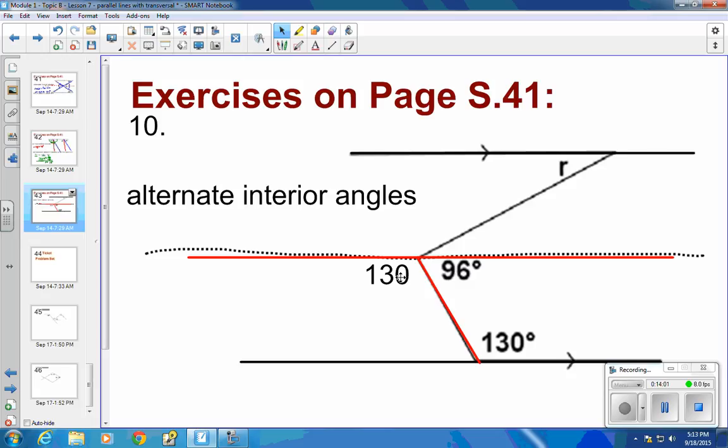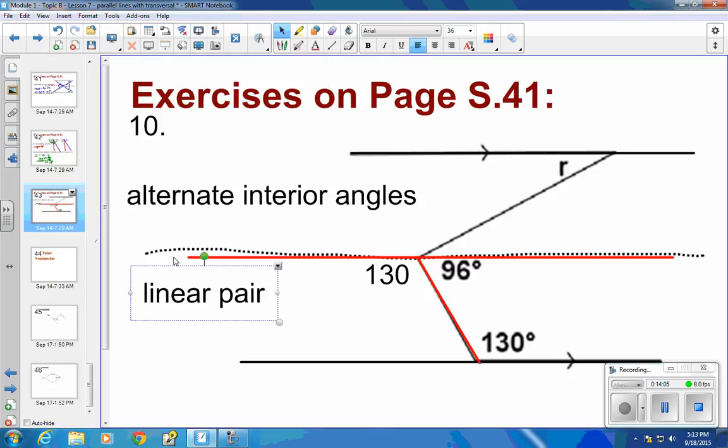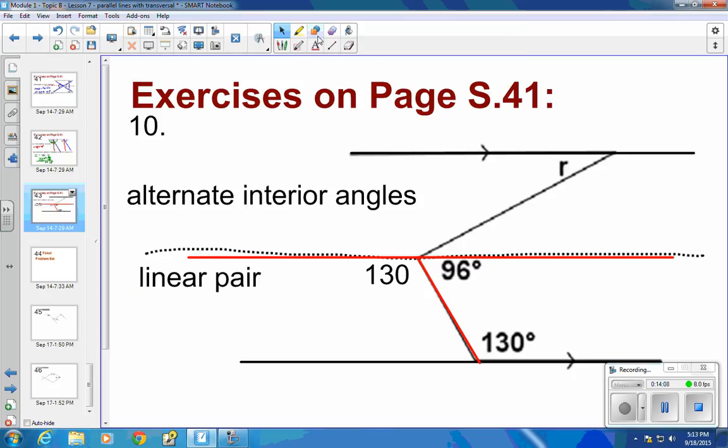So if I take 130, I have a linear pair there. And so if this is 130, if I take 180 and subtract the 130, I would get 50. So that means from here to there would be 50 degrees.